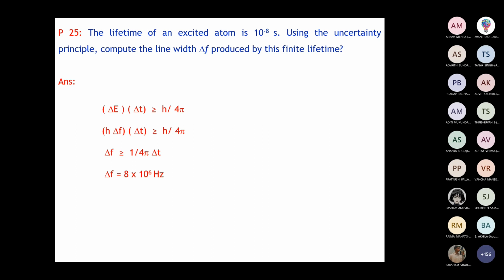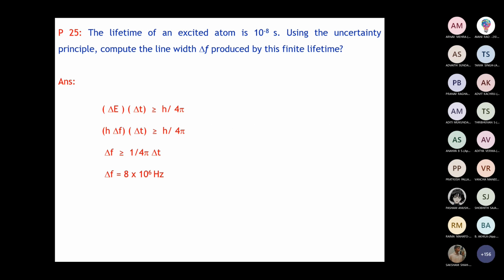What about the next problem? Anyone has attempted? I know that little calculation is involved in it. I hope this problem is clear to you all. You need to use the uncertainty in energy and time relation. h is a constant, and the varying factor is the line width. So delta f into delta t is equal to h by 4 pi.